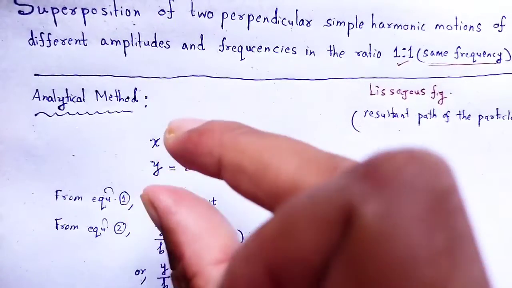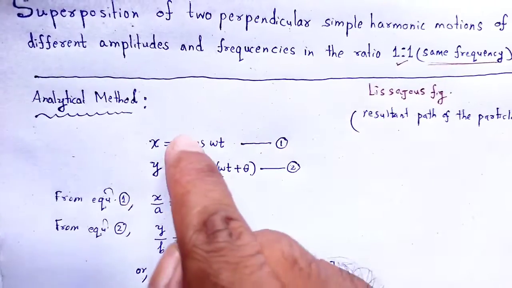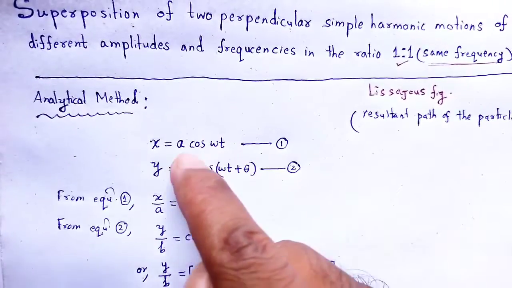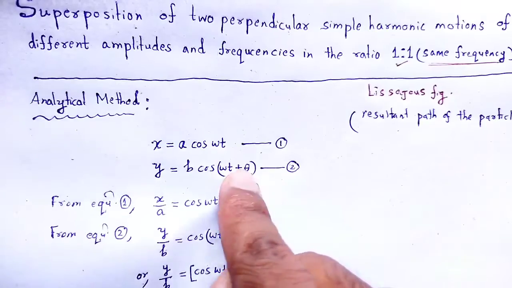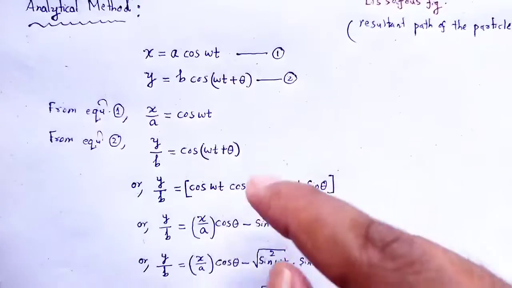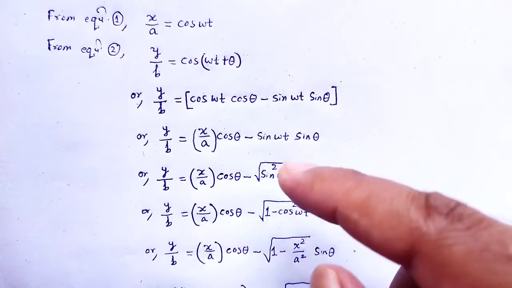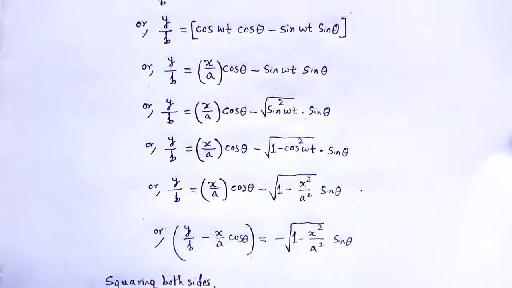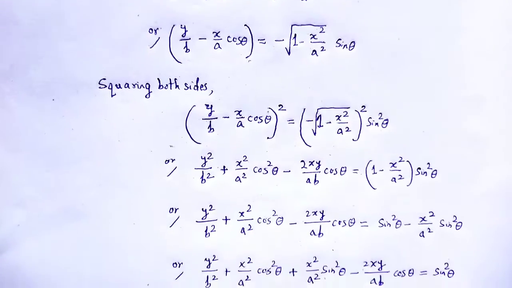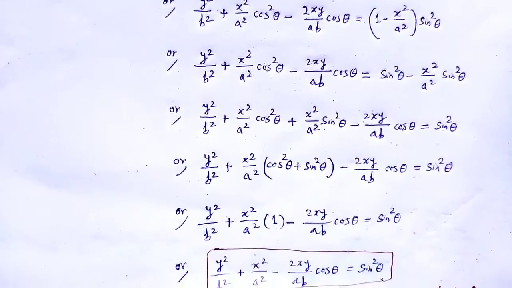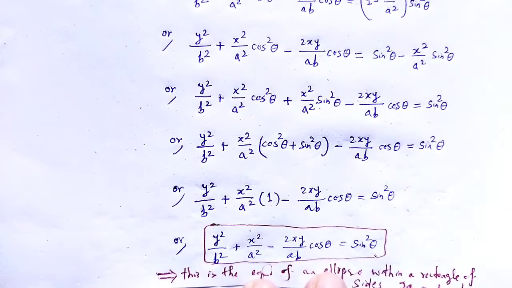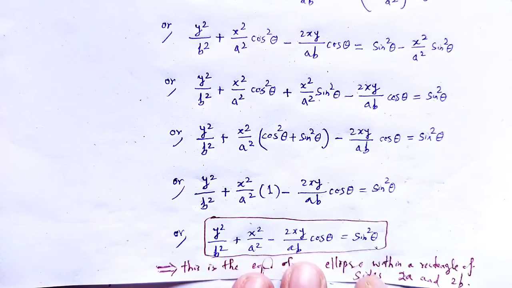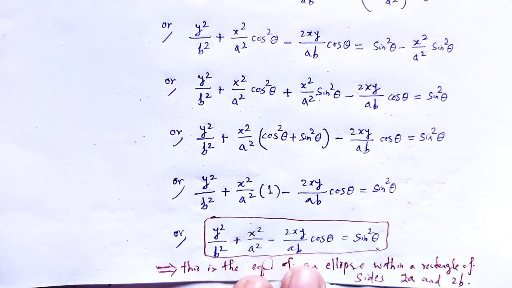Since these two are perpendicular to each other, with different amplitudes, here amplitude A, here amplitude B, and same frequencies, both are the same. Then we proceed the mathematical way. Finally, we conclude to an equation, and that equation represents an ellipse within the rectangular sides 2a and 2b.